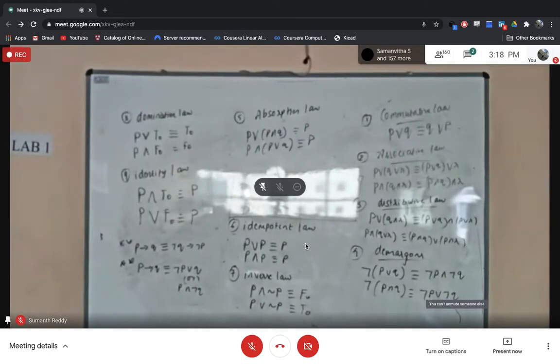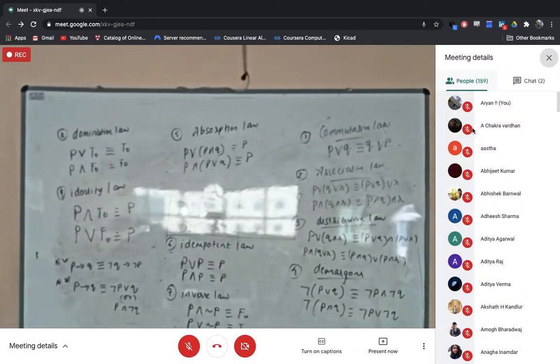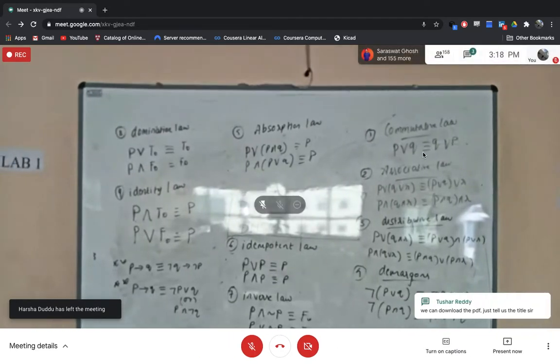Okay, you don't have a textbook. Fine, I will just try to share the PDF. Whatever important things you have to note down, I'll send in the PDF. Now it is visible, right? So you can see all the formulas.